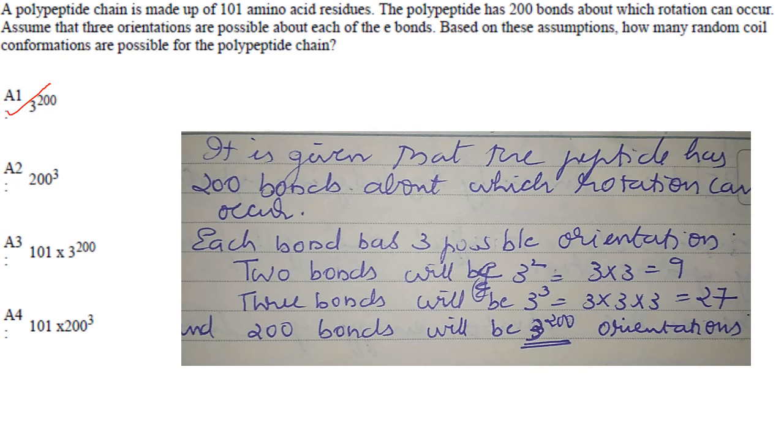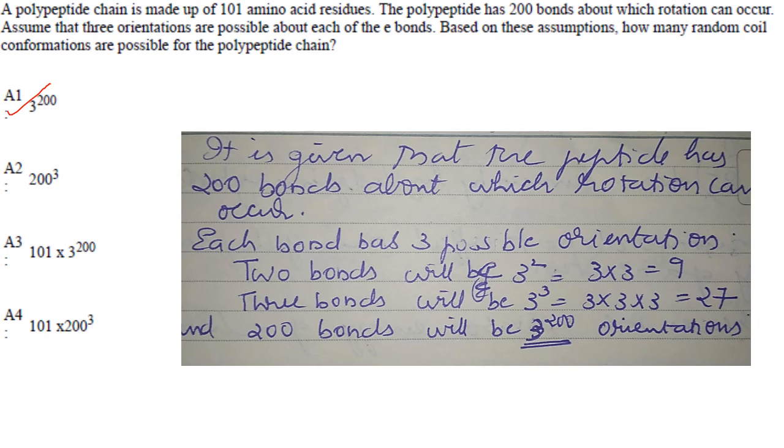So they have given that a polypeptide chain is made of 101 amino acid residues. Now the number of amino acid residues does not count. So the polypeptide has 200 bonds about which rotation can occur.